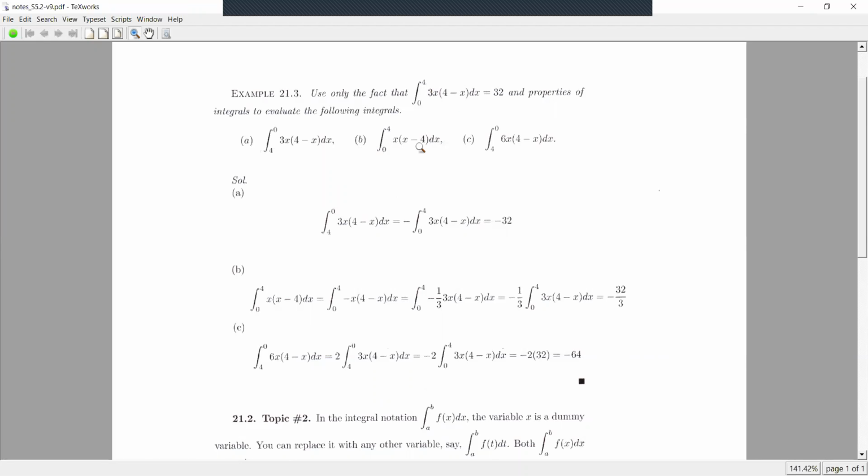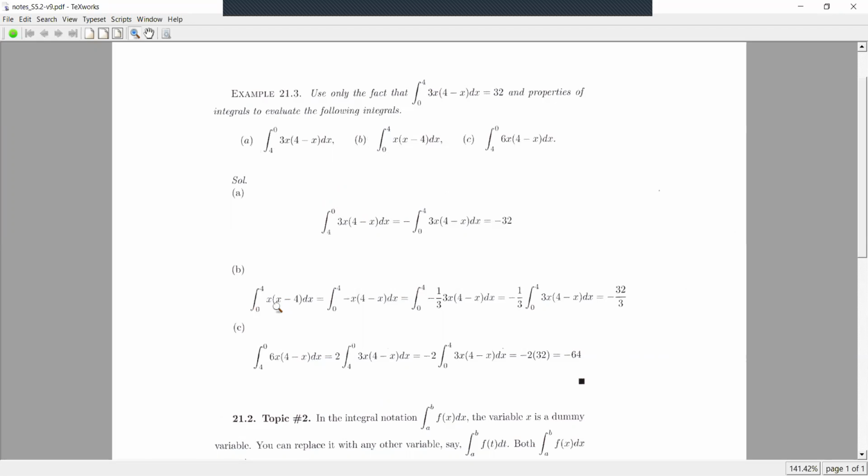But the function here has the 3, and also this factor is x minus 4. Okay, now notice the difference. Let's transform this integral into the given integral step by step. Okay, now this is the integral that we want to compute.